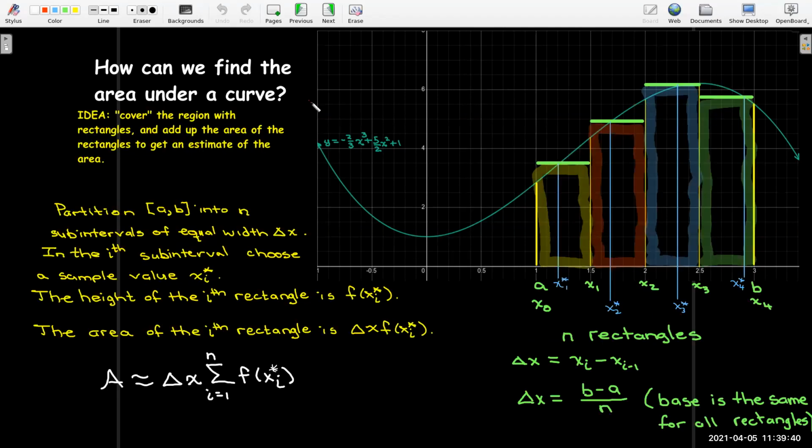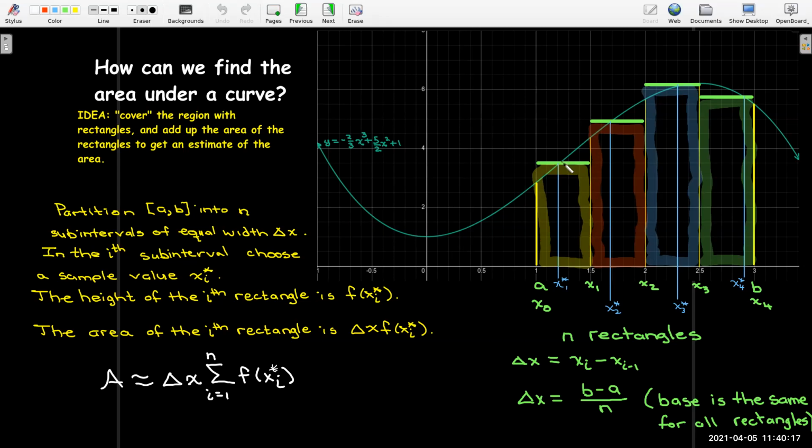So the base of the rectangle was the width of the subinterval, that was our delta x, and the height was chosen as a function value at some sample value within each interval. Now that sample value could have been the left endpoint of the interval, or the right endpoint, or just some random number in the middle. But that would give us the function value at that point, which would give us the height of the rectangle.